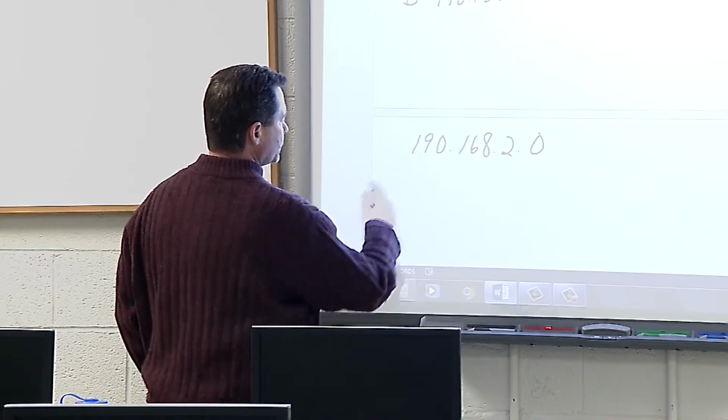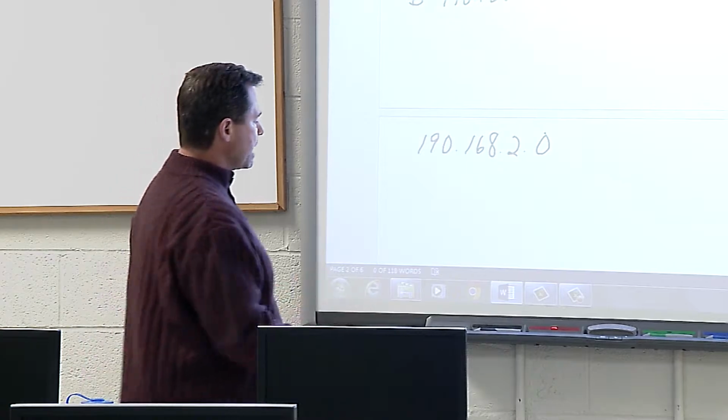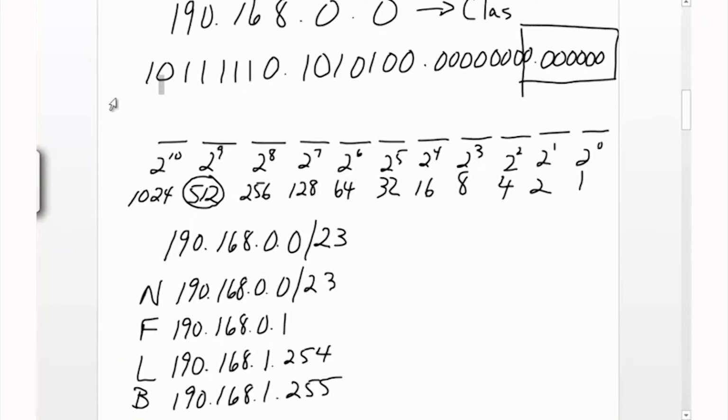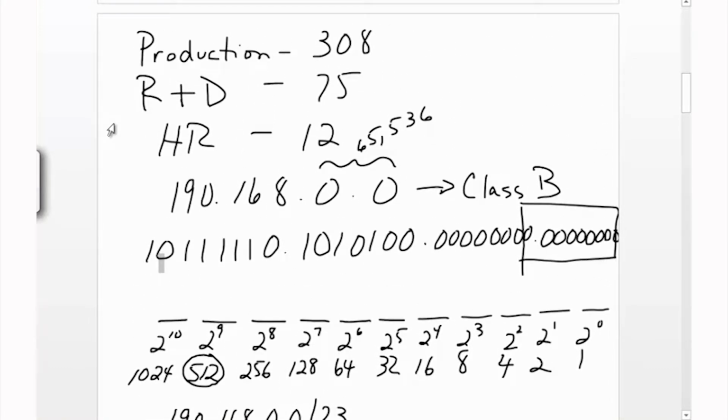What that tells me is that my very next address is going to be 190.168.2.0. This is where I'm going to start my very next subnet. If we look back at the grouping of departments that we're trying to subnet out, research and development is my next one, and I have 75 hosts there.